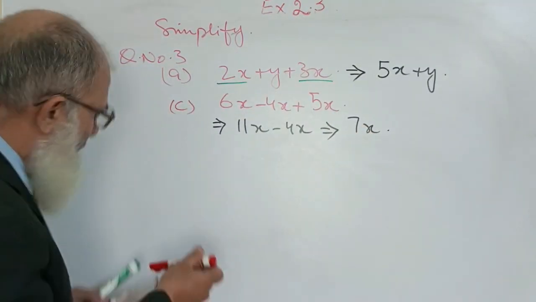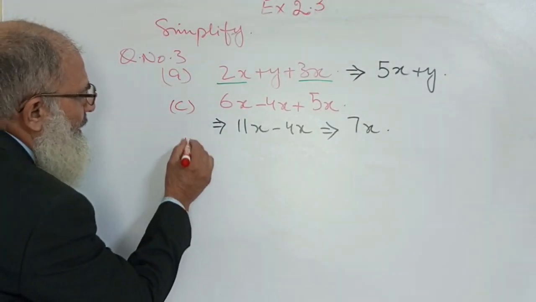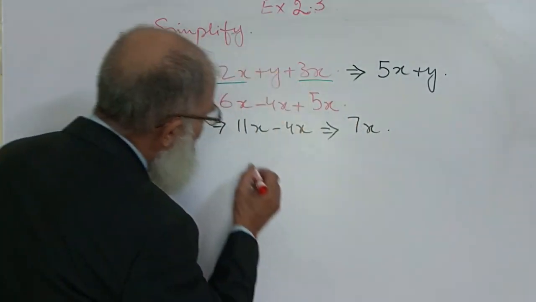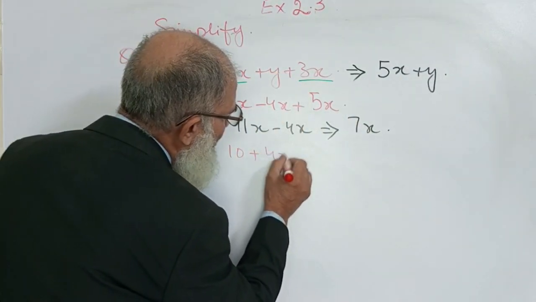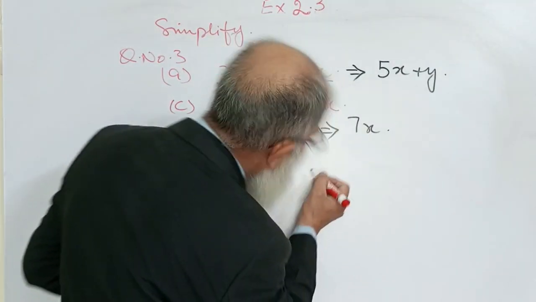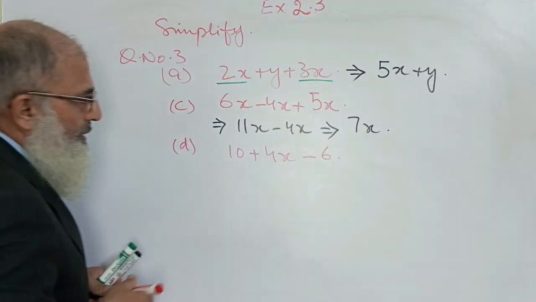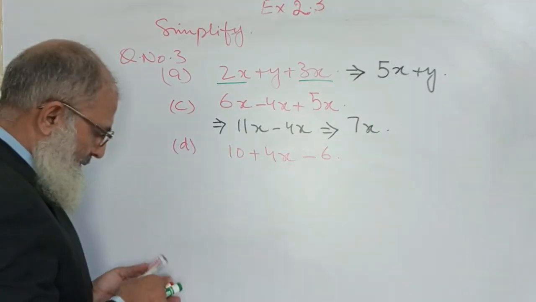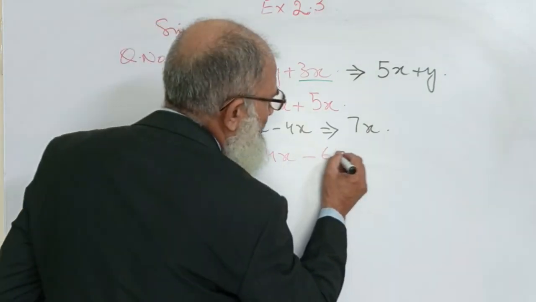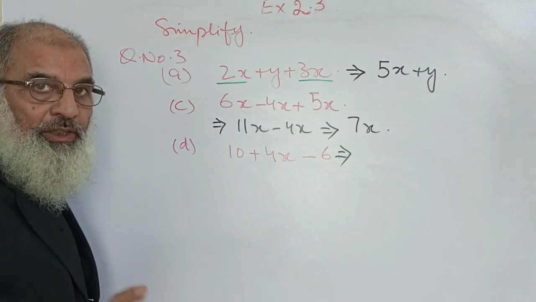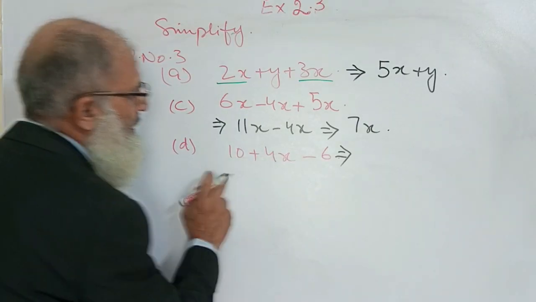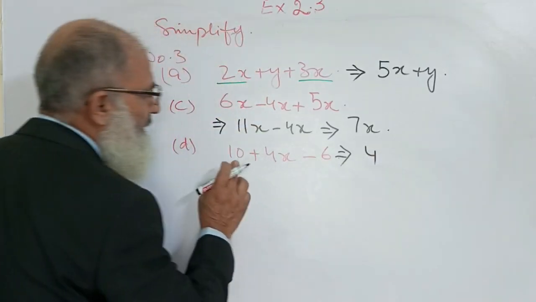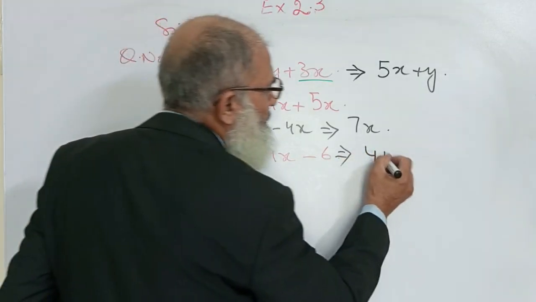Part D. Part D is 10 plus 4x and minus 6. Now the constants are supposed to be the like terms, so whatsoever is constant over there, this and this, will become 10 minus 6, 4, plus 4x.